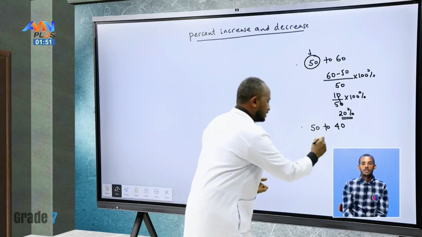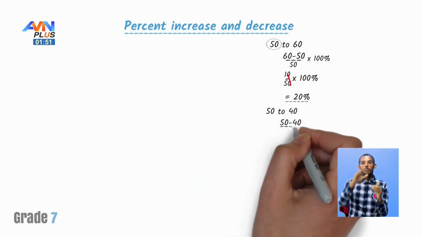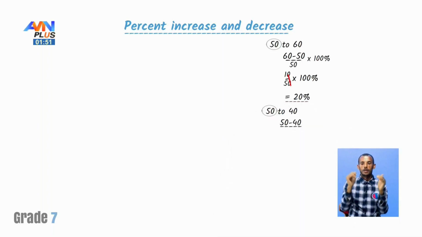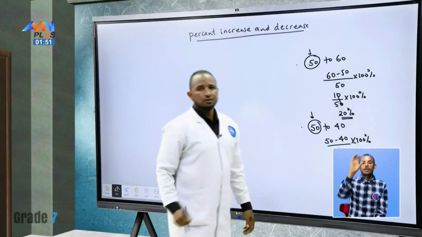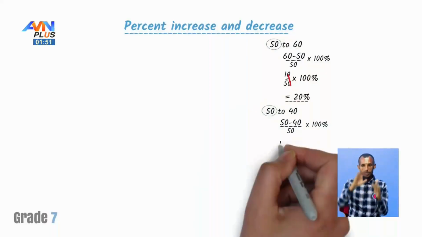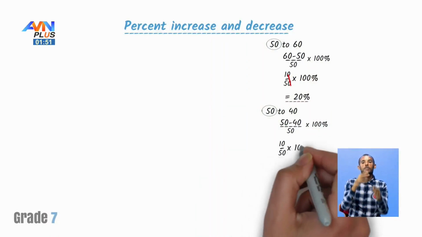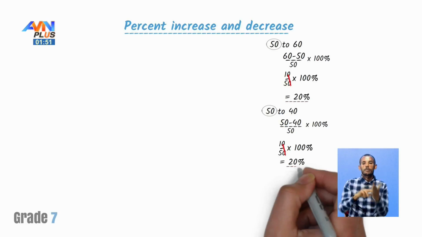Simply find the decreased amount by subtracting the smaller from the bigger one, then compare it with the original quantity 50, and multiply by 100% to convert into percent form. Therefore, 50 minus 40 is 10, over 50 times 100%. This cancels out, 100 over 5 is 20%.